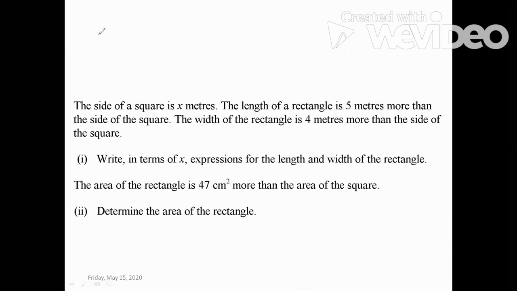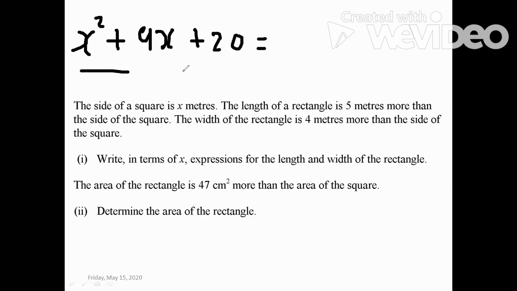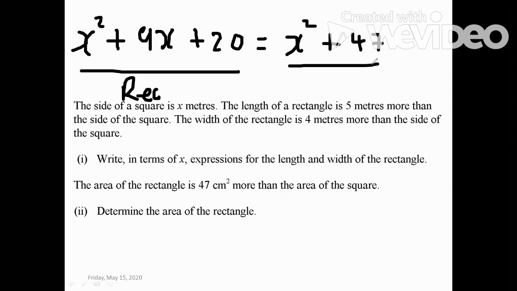All right. So we have x squared plus 9x plus 20. And this represents the area of the rectangle. And that is equal to the area of the square, which is x squared plus 47.